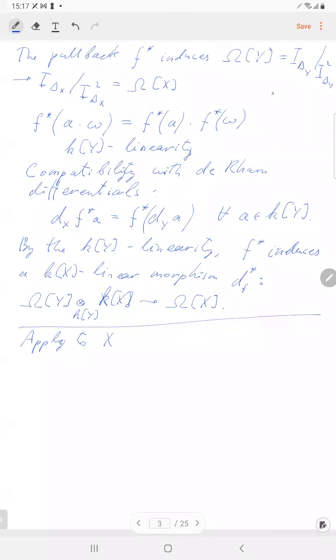Say x is a closed subvariety in the affine space, and we already know the module of scalar differentials on the affine space. Now using this pullback, the codifferential, we can compute, at least in some cases, the scalar differentials on affine varieties. Maybe even more generally.